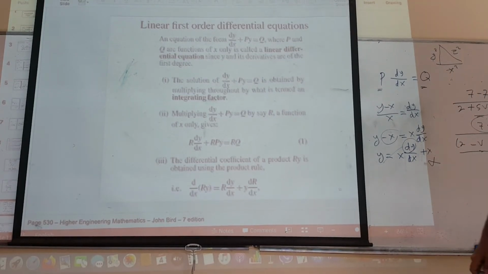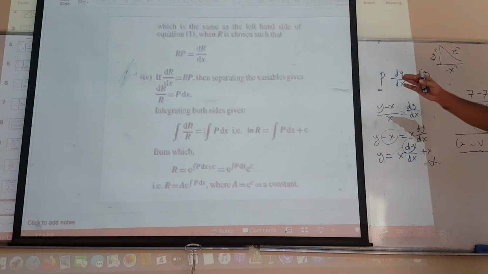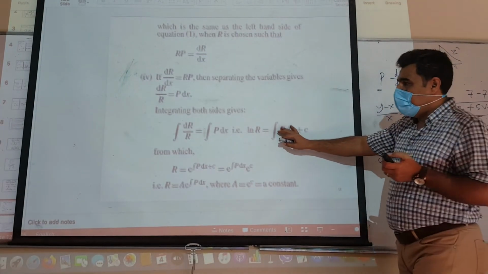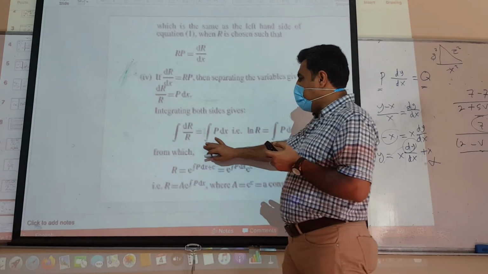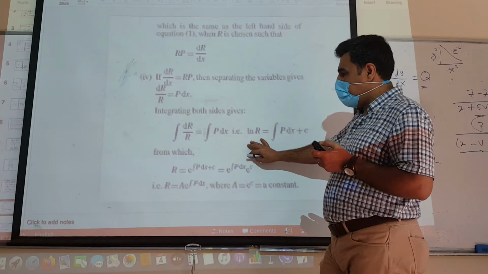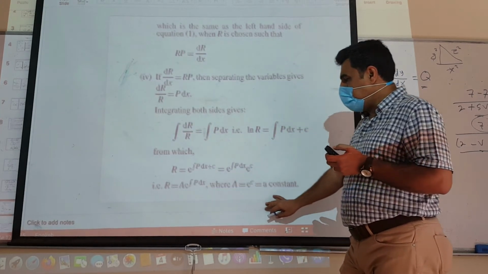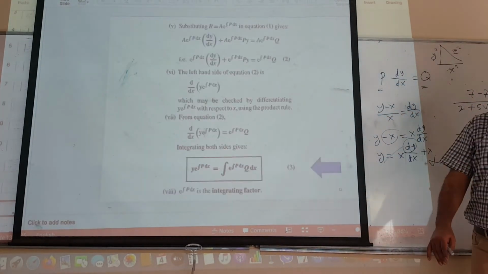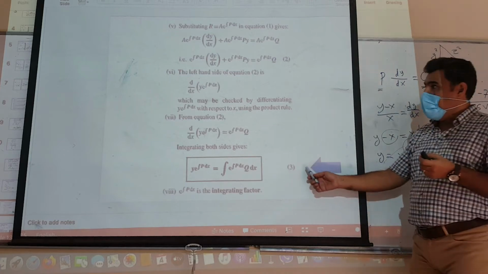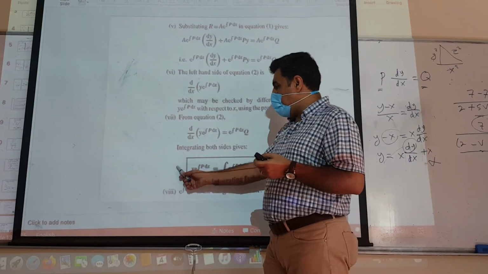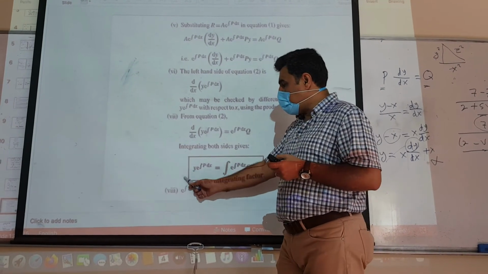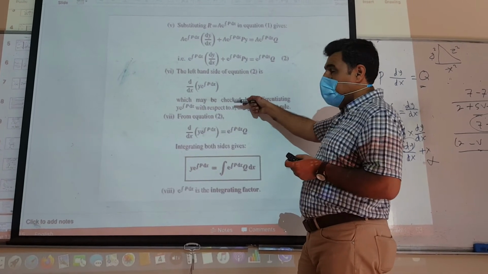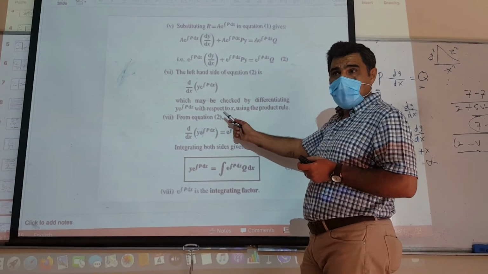Now, all the steps will reach a situation, and then you will have the integration. Then you can find the solution. The main thing in the method is to reach this equation. So we will not repeat all the steps here.